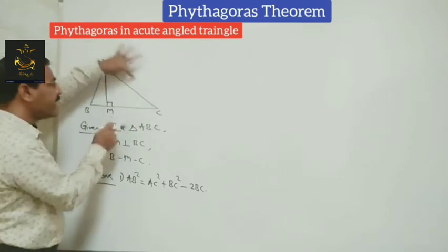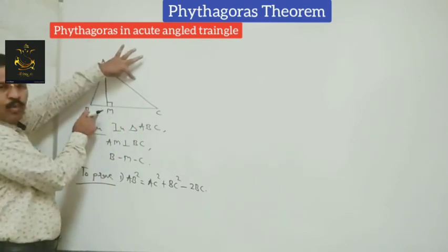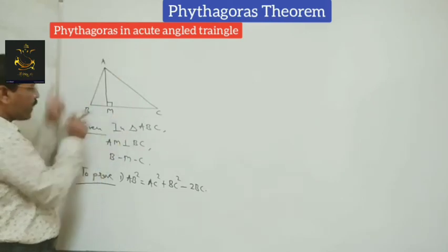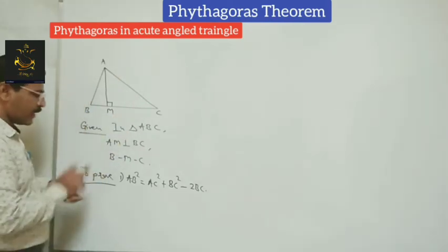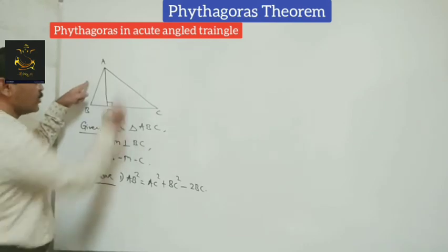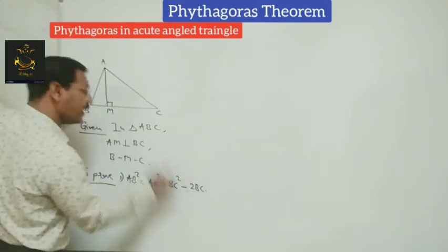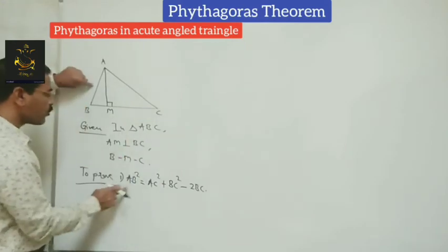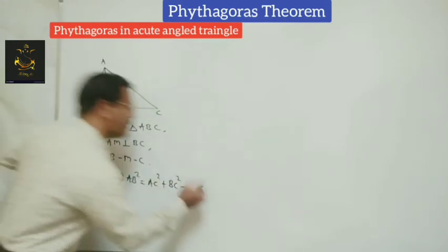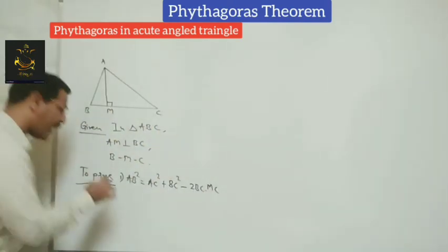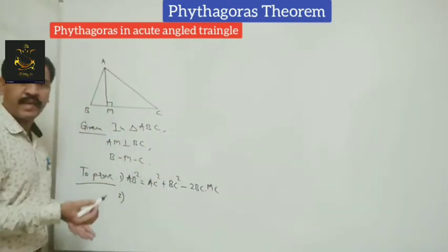If we take AC, then we have to take BM, because it is longer than MC. Now we are taking AB only. So AB square is equal to AC square plus BC square minus 2 BC into MC.